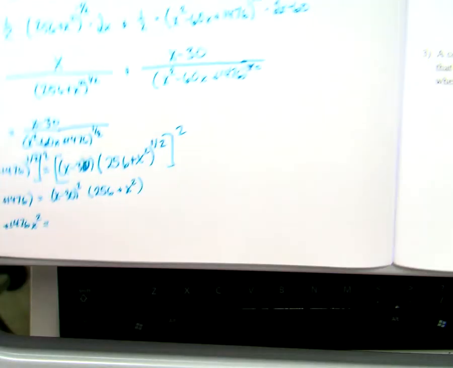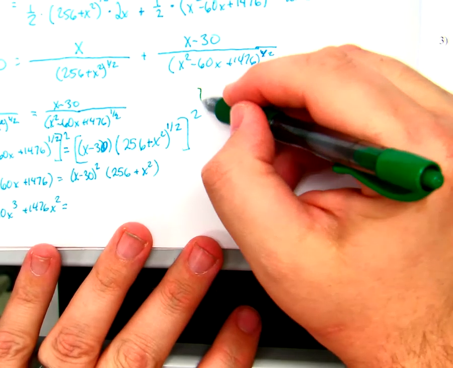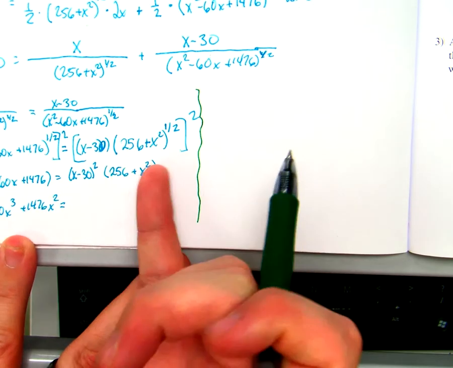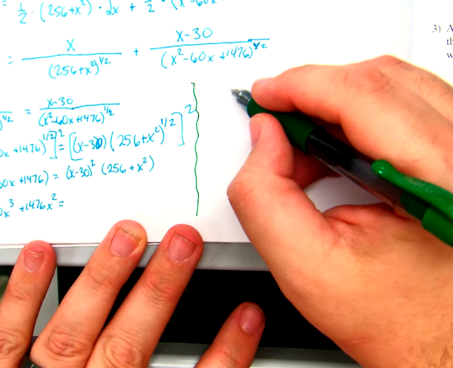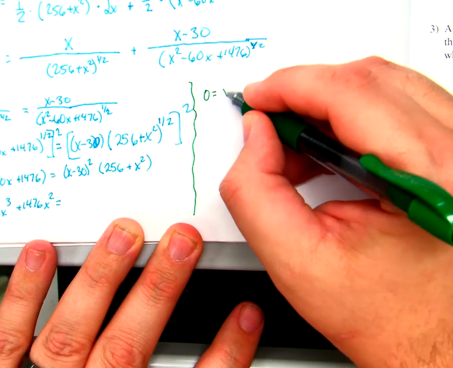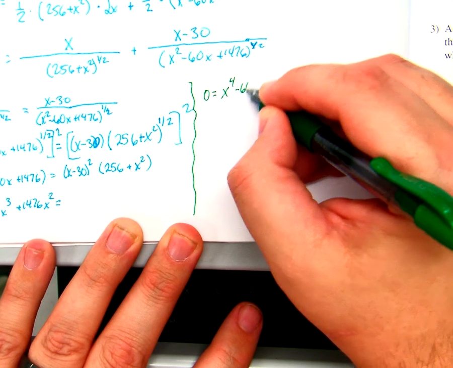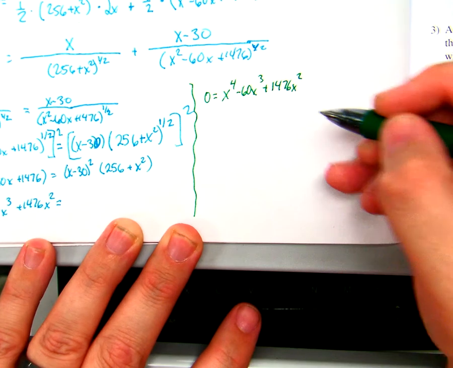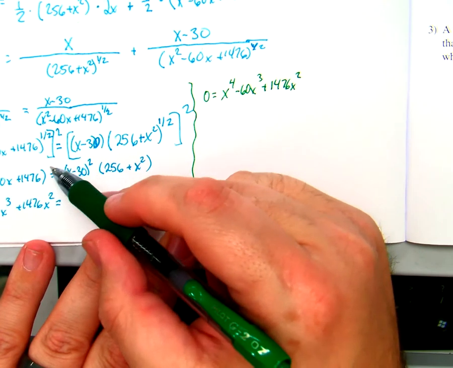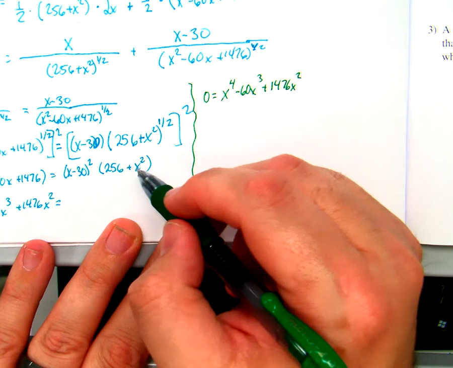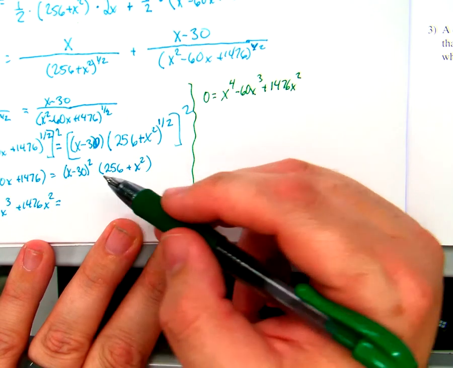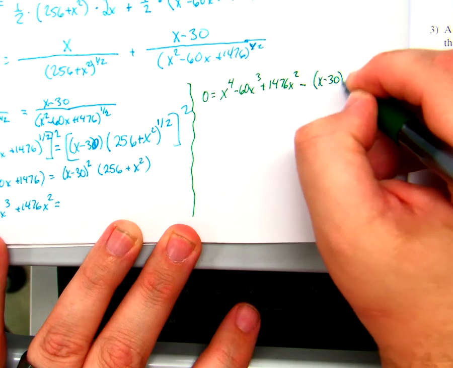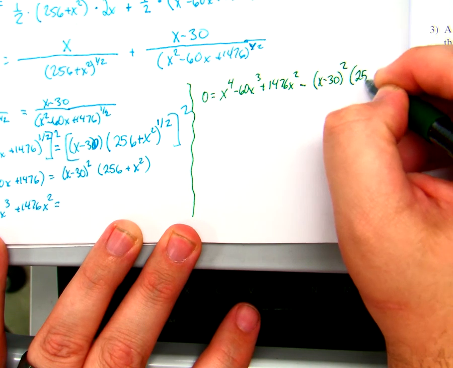If I subtracted this stuff from this side, I'll get 0 is equal to x to the fourth minus 60x cubed plus 1476x squared. And I'm just going to subtract this entire bunch of garbage right here, minus the x minus 30 quantity squared and the 256 plus x squared. And I don't want to do that anymore.